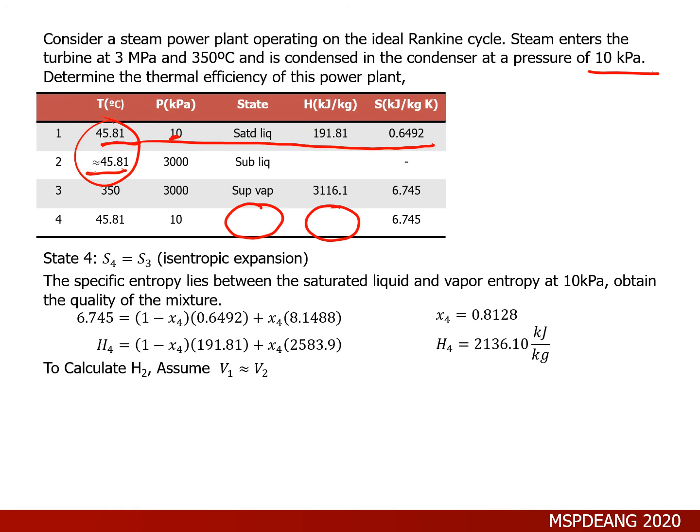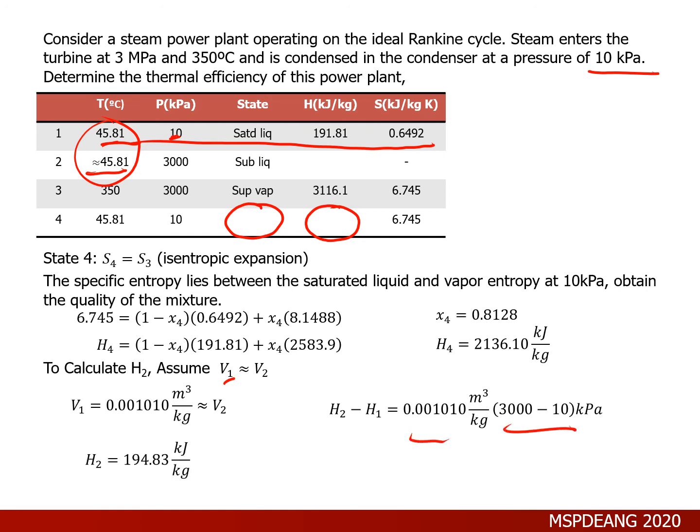So to calculate H2, assume V1 is approximately equal to V2, and let's get V1 from the saturated liquid table, and V1 is 0.001010 meter cube per kilogram, which is approximately equal to V2 now. And from here, H2 minus H1, which is the delta H of your pump, is equal to V delta P, and you can now calculate H2, which is 194.83 kilojoules per kilogram.